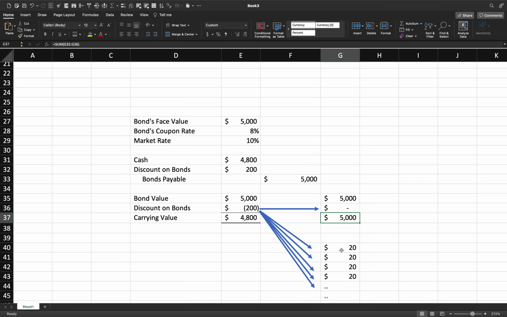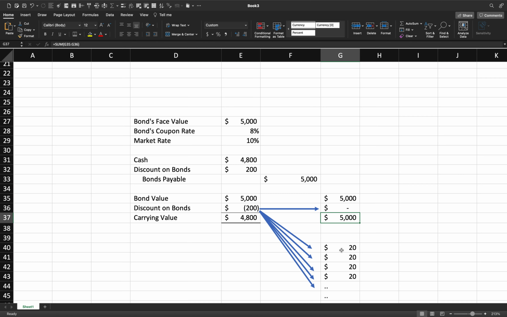Why 10 years? Because that's the term of the bond. We want to, on a straight line basis, eradicate this discount each time we record an interest payment.